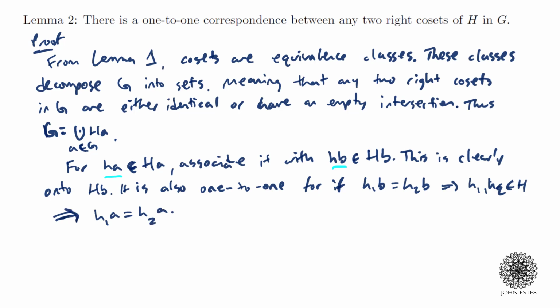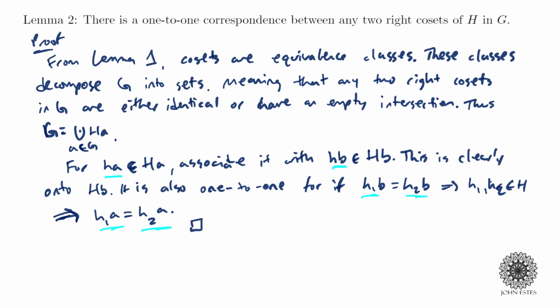So if I have two images that are the same, h1b and h2b, then they actually came from the same pre-image, h1a and h2a. So now what we've shown is that the mapping from one coset to the next can be done in this way, and that it's a one-to-one mapping. And that's what we're trying to show.